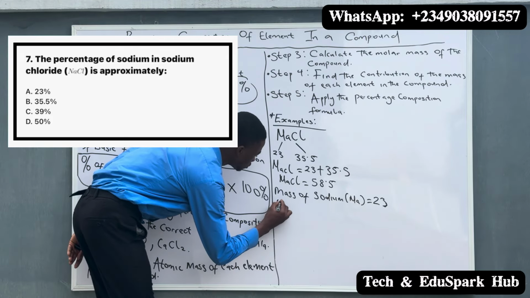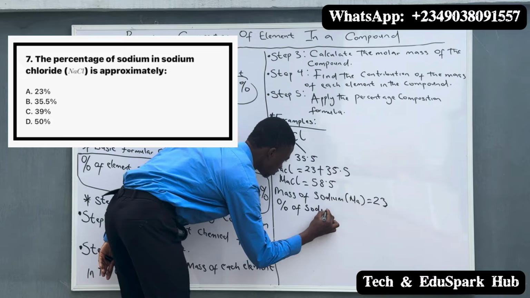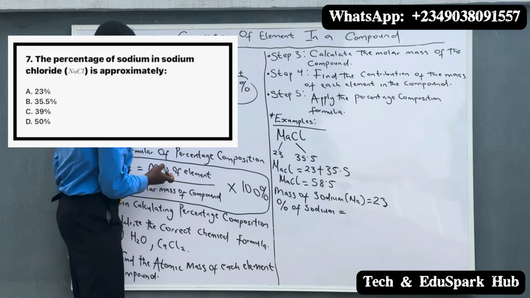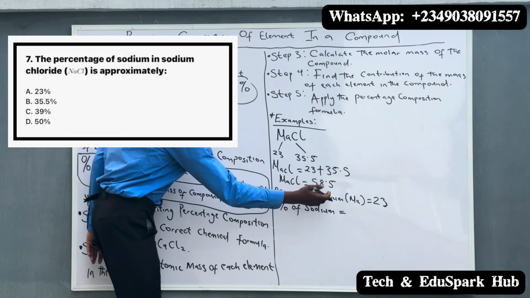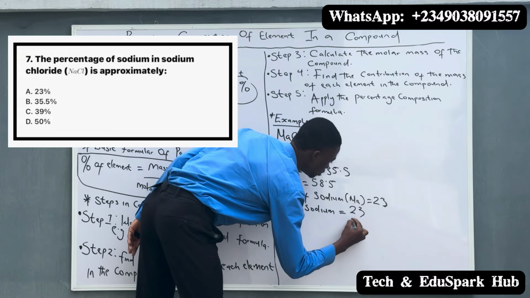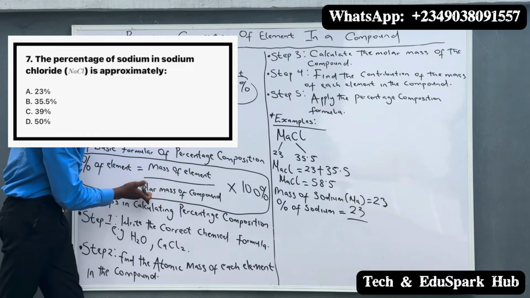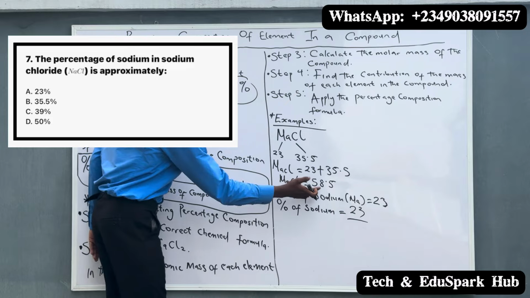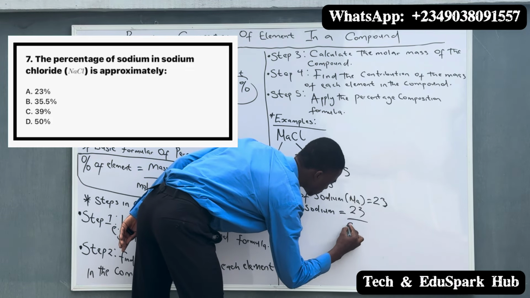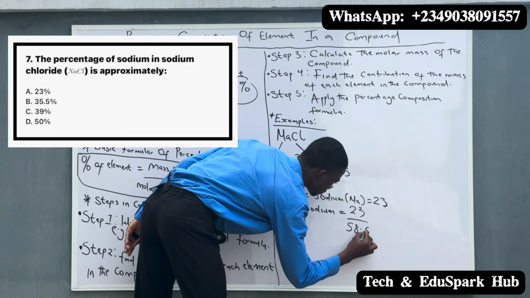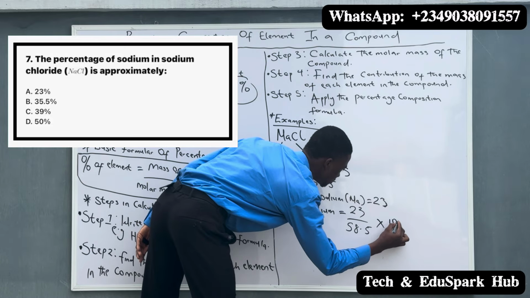So we have percentage of sodium is equal to, what is the mass of the element? We said the mass of sodium is equal to 23. So we have 23 divided by, what is the molar mass of the compound? The molar mass of the compound is 58.5, multiplied by the 100%.